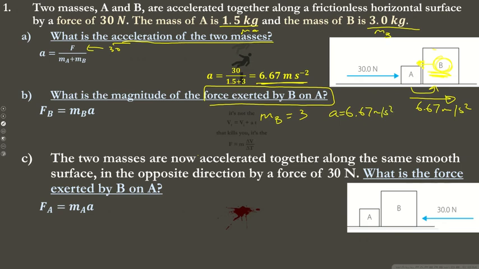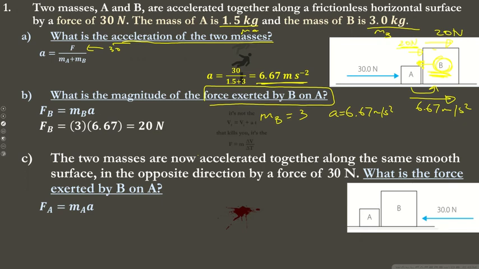So this is the net force it's experiencing, 20 newtons. Okay? In order for B to be having a net force of 20 newtons going this way, A must have pushed at it at 20 newtons.